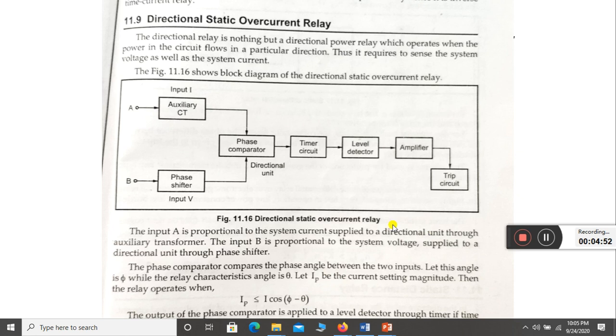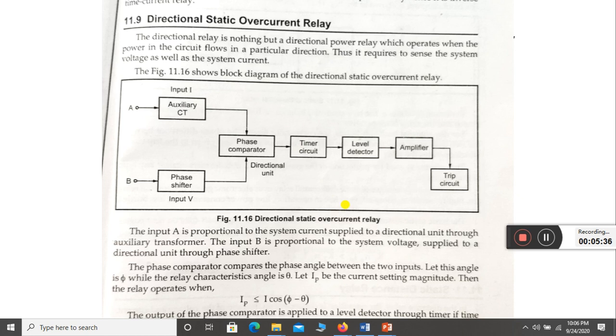The difference between both is the angle inside the cosine, and the total current is I. So if IP is less than or equal to I cos(phi minus theta), the relay will issue a trip command, otherwise it will issue a restrain command. That is how the directional static overcurrent relay functions.